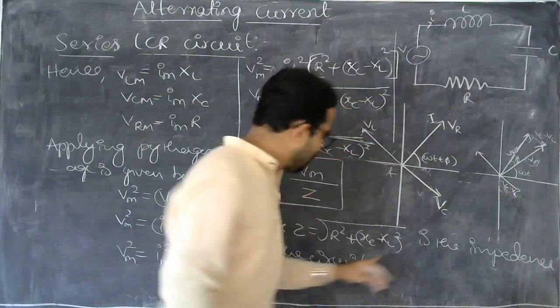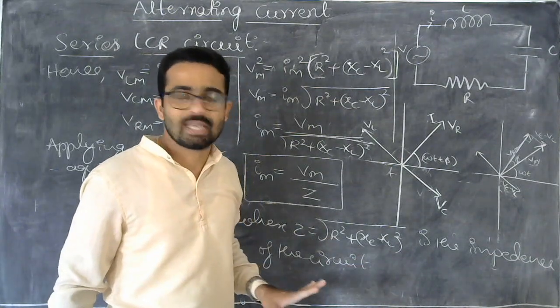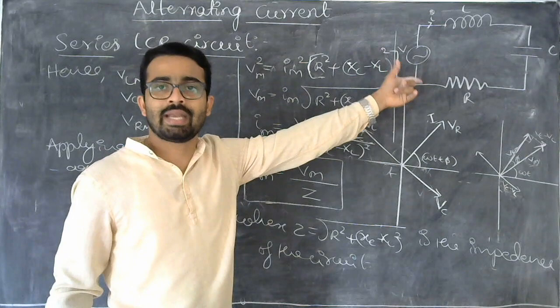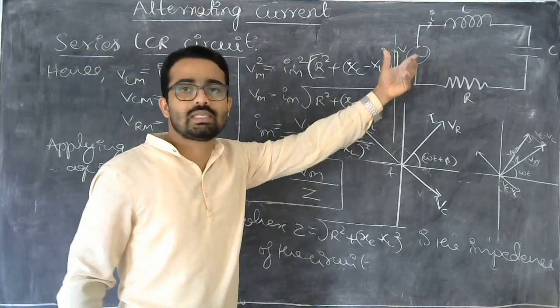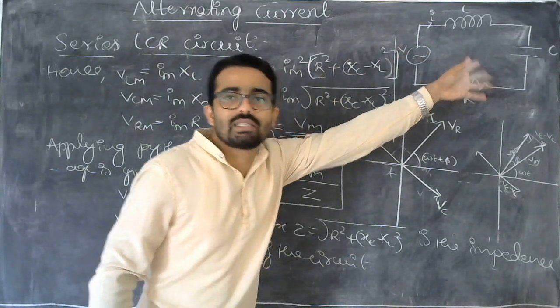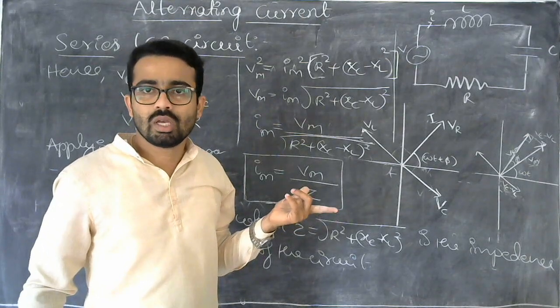If XL is greater than Xc, then we can say that it is an inductive circuit, because the effect of inductance is more than the presence of the capacitor. That is why the circuit is more inductive.